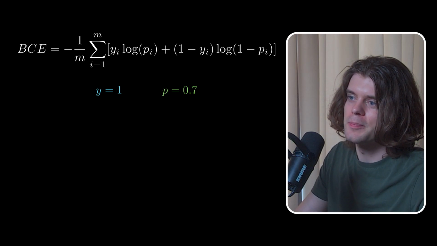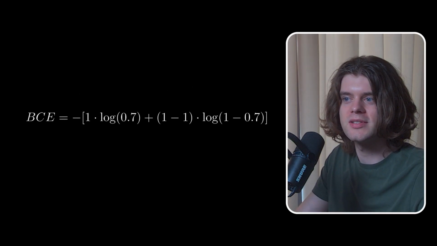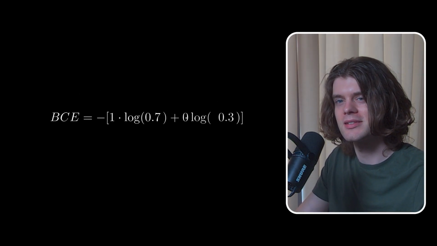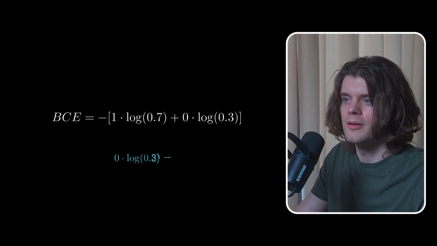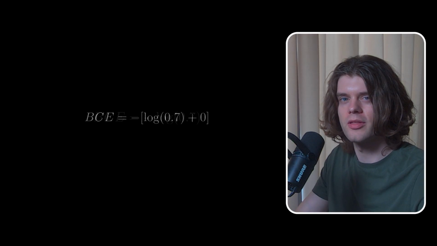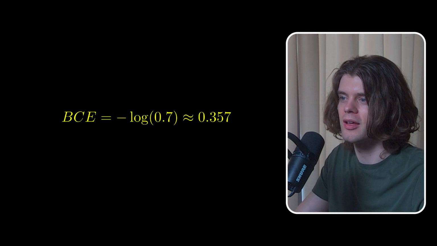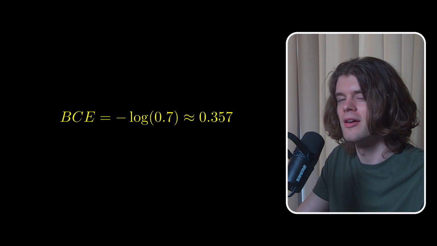So p is now 0.7 and the label says it is a cat. So y is still 1. So let's see the arithmetic, and the loss now is about 0.36. So not huge, but if calculated during training, the algorithm is being told that there are some ways to improve.